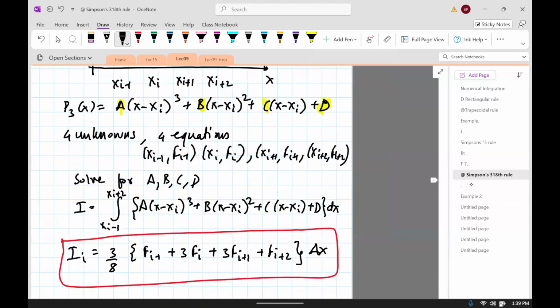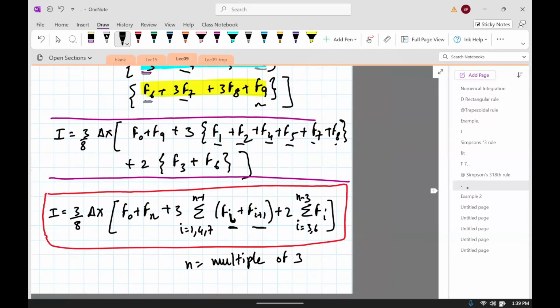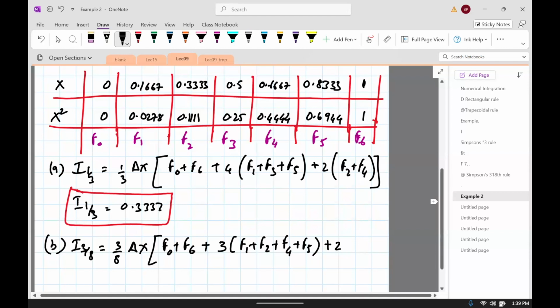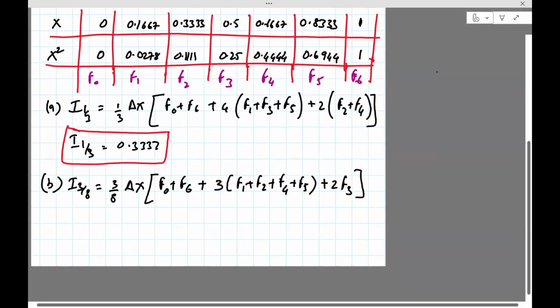And then finally, we have twice, i goes from 3 to 6, so there's no 6, just 3. So 2 times f3. Okay, so now it's just an exercise of subbing in the values. All the f's are here. If you do this, you get 0.3333.